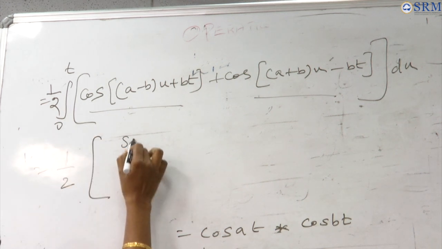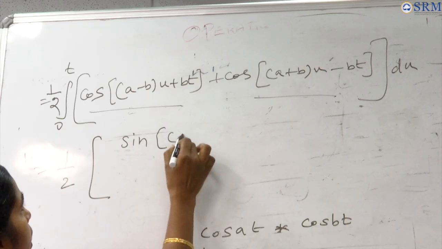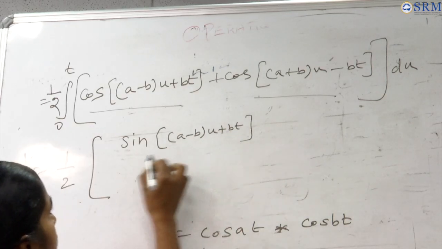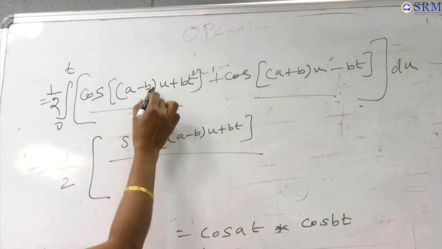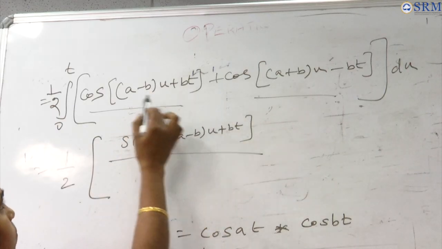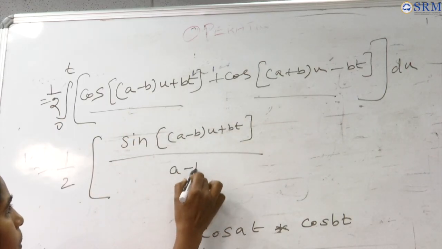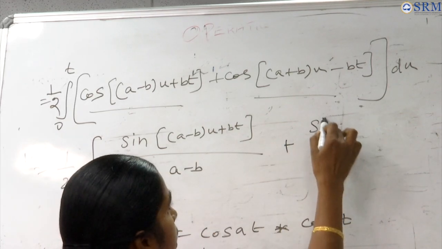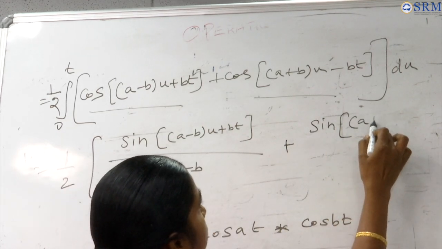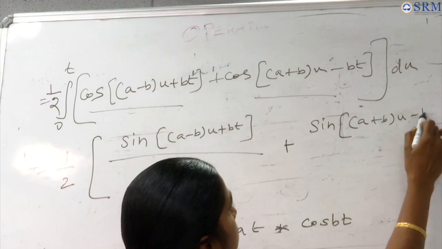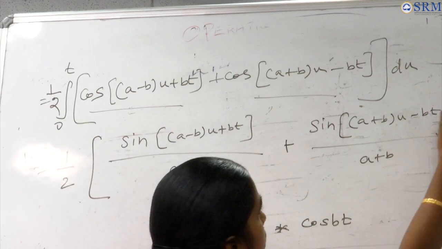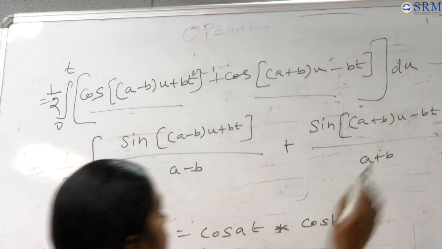So this is equal to 1 by 2 times the cos integration. The integral of cos is sin((a minus b)u plus bt) divided by the differentiation with respect to u, a minus b, plus sin((a plus b)u minus bt) divided by a plus b. The limit is 0 to t.